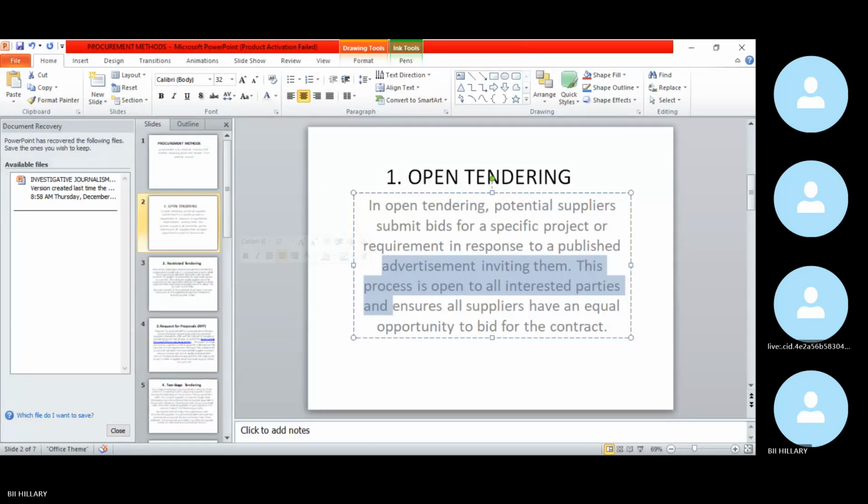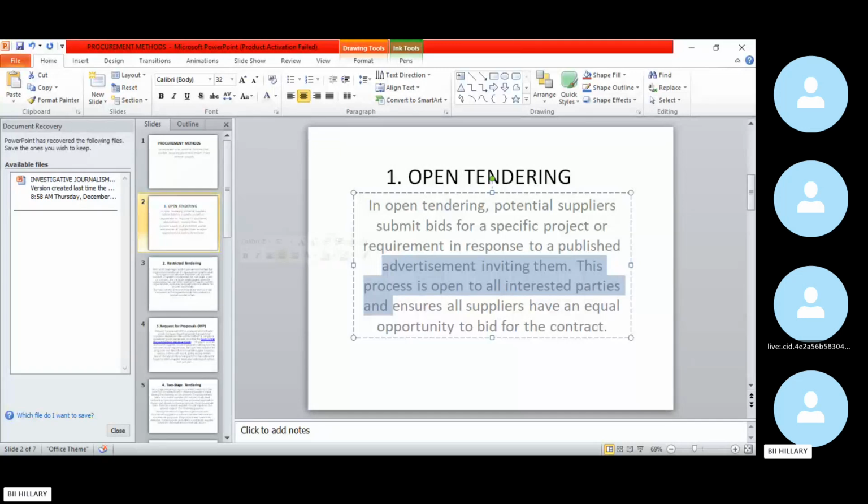So if you are there, may I say open tendering is where potential suppliers submit bids for a specific project or requirement in response to a published advertisement inviting them. This process is open to all interested parties and ensures all suppliers have an equal opportunity to bid for the contract.